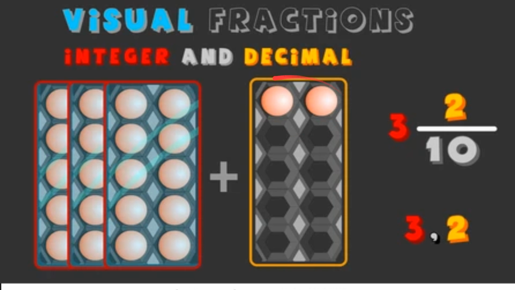So this is nothing but 3, 2 by 10. 2 by 10 is equal to 0.2. So both are equal. 3, 2 by 10 and 3.2 are one and the same. 3.2 is a decimal representation of the mixed fraction 3, 2 by 10.